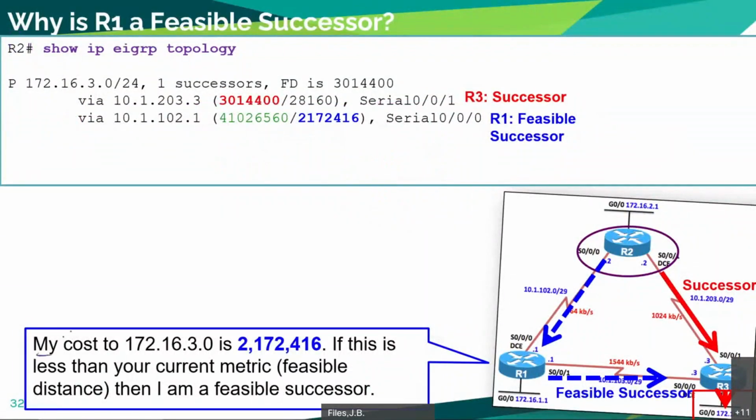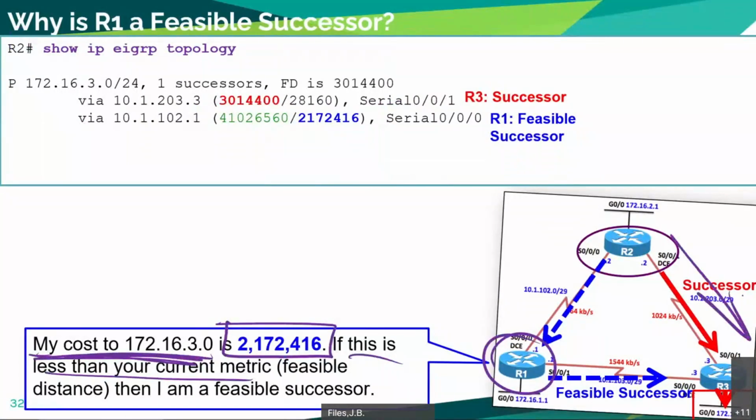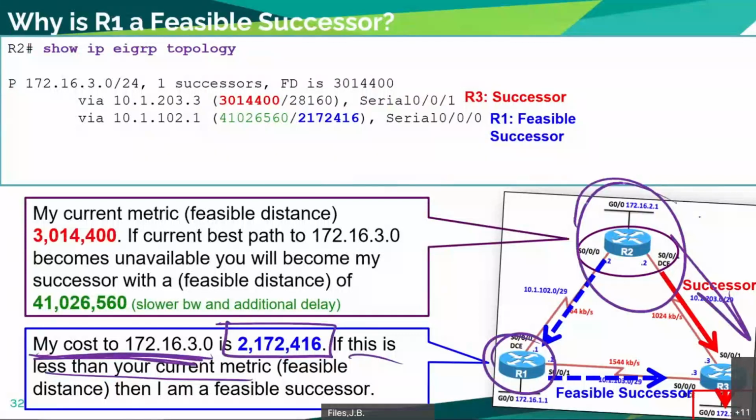Basically R1 is saying my cost to that network is 2 million and change. If this is less than your current metric via your best route, then I am a feasible successor. R2 says my current metric for the successor route is 3 million. If my current best path to that subnet becomes unavailable, you will then become my successor.